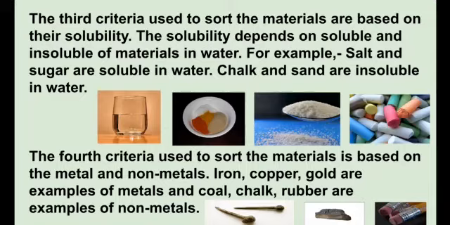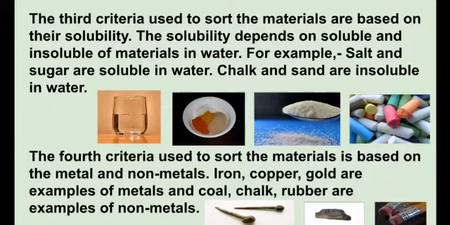So we can take a glass, add some water, and add some salt or sugar. After mixing and stirring it, we can see that the salt and the sugar completely dissolve. It means it is a soluble substance.